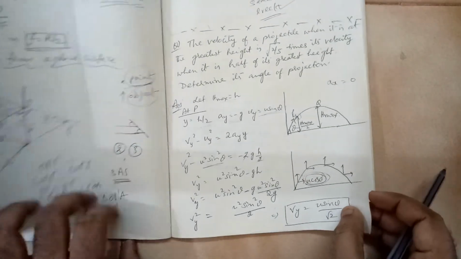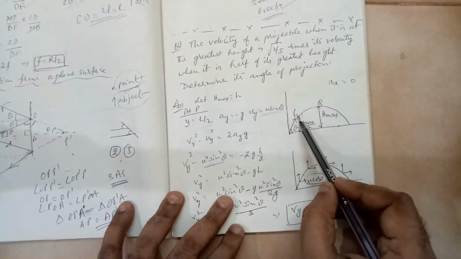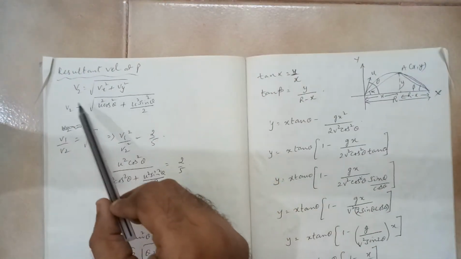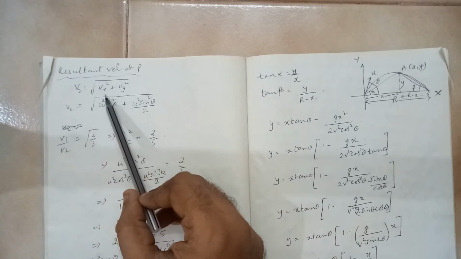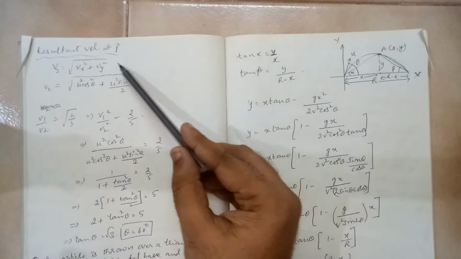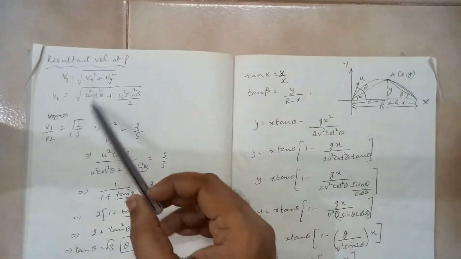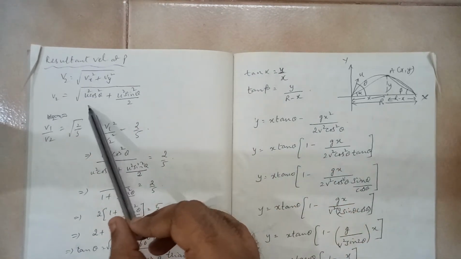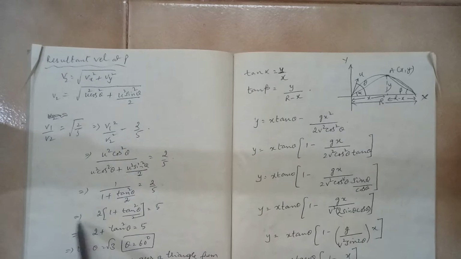You already know the velocity in the x direction, so we can get the resultant velocity. At the P location we are calling the velocity v2, which is root over vx square plus vy square. So you get this expression.